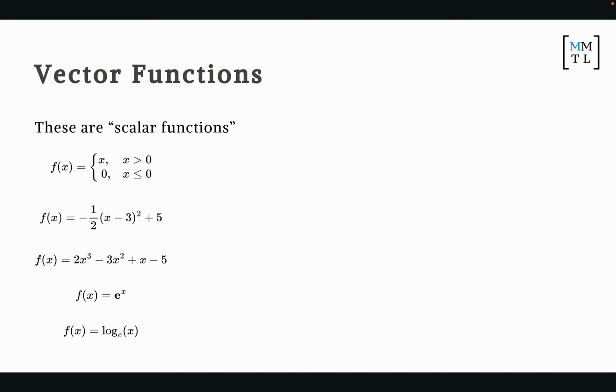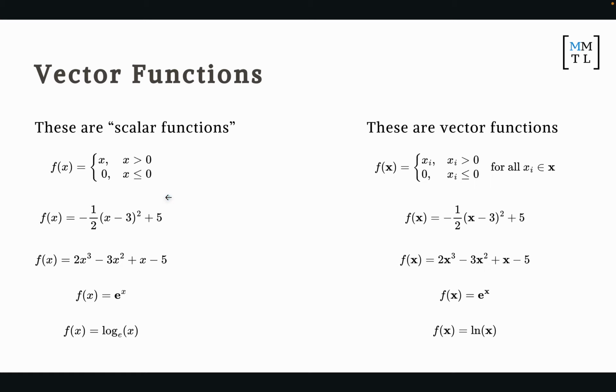Now the new stuff is here. It's about vector functions. So these are scalar functions because the input is a scalar, and the output also happens to be a scalar. So that's all the functions that we've been dealing with up to this point, right? So these are the equivalent vector functions. What's the difference?